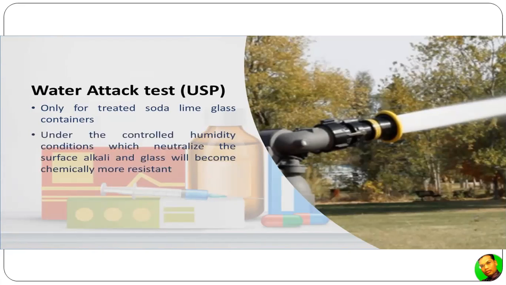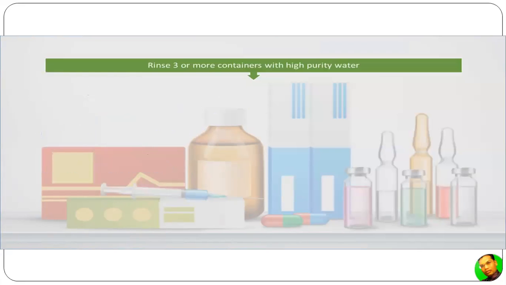Under controlled humidity conditions, which neutralize the surface alkali, glass becomes chemically more resistant. So the principle is to detect the leached alkali from the surface of the container.